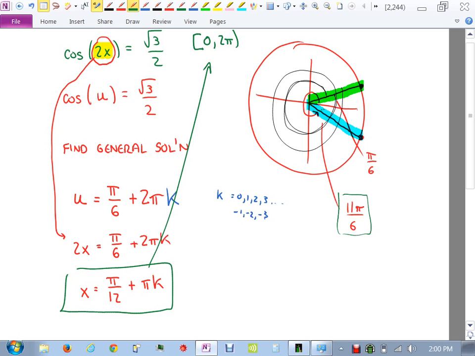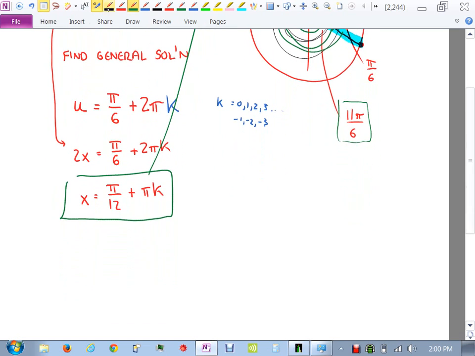You could go to 11 pi over 6, and add one rotation, or 2 rotations, or 3 rotations. So what we'd be saying here is that the angle u must be 11 pi over 6 plus, again, 2 pi times some number of revolutions.